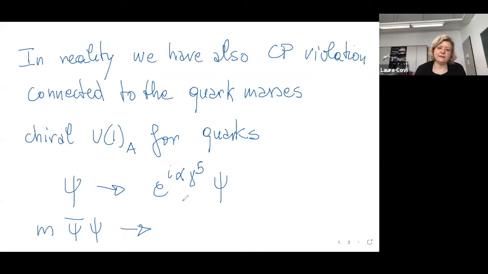It's not invariant under this U(1), because here the left-handed and the right-handed components change in the same way. So here you actually get something like m e^{2iα} psi bar psi, where I am using gamma 5 inside to compensate, plus Hermitian conjugate.